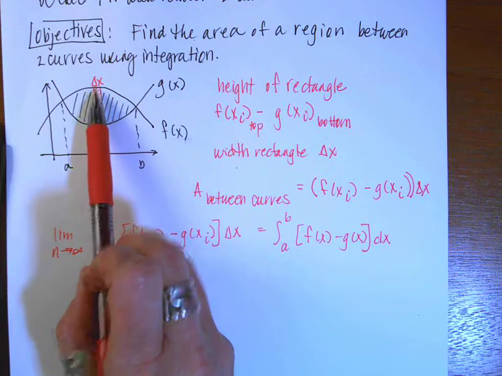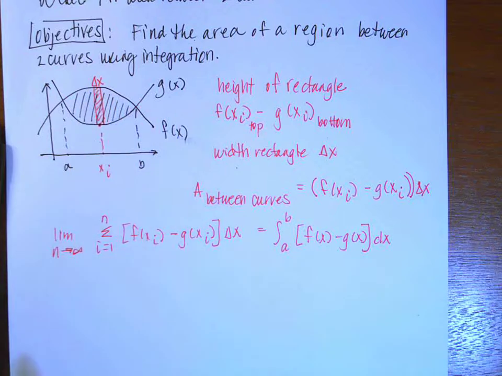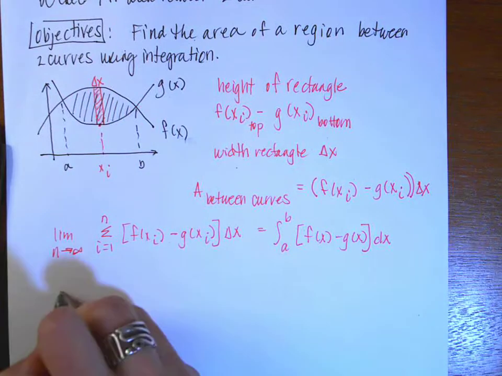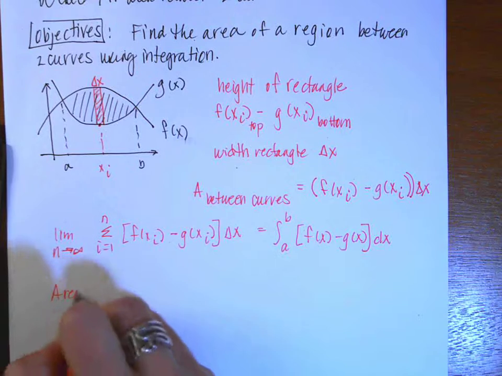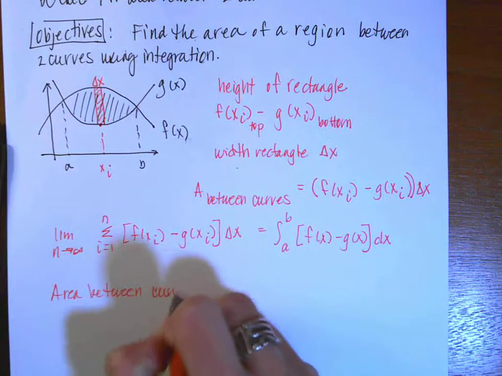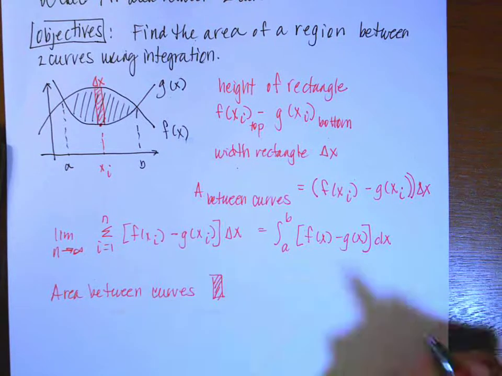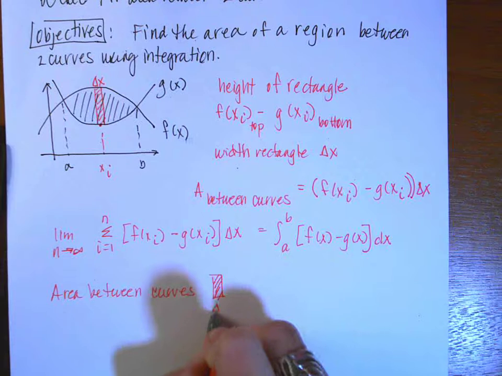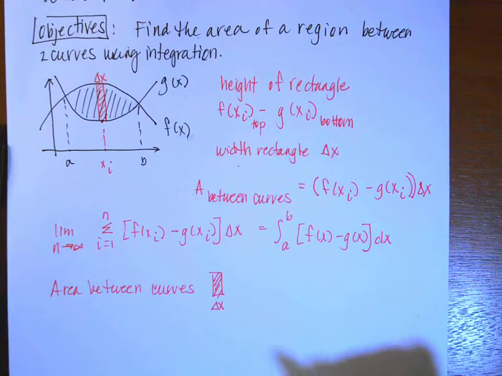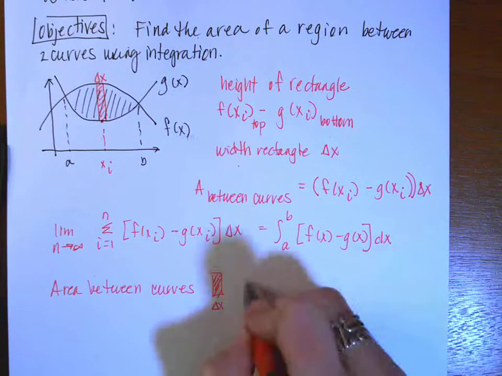Alrighty, so remember, in general, if I am going to use a delta x, like I have in this one, and have that be the width of my rectangle, then I'm going to do the top minus the bottom. So if I'm finding the area between curves, and I have a vertical rectangle, which means I have a delta x as the width of the rectangle, then it's going to be the top minus the bottom, okay?